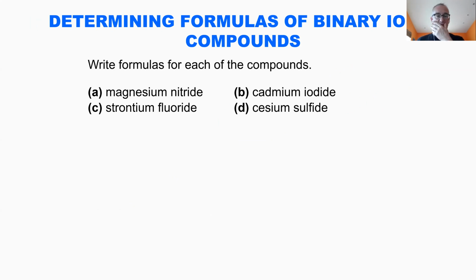Magnesium is Mg, nitride would be N. So what group is magnesium in? Group 2. So what's its charge going to be? +2. It's always going to be +2. Now, what group is nitrogen in?